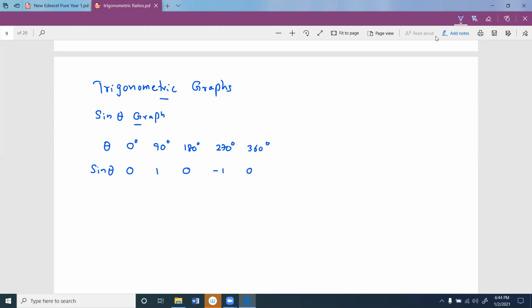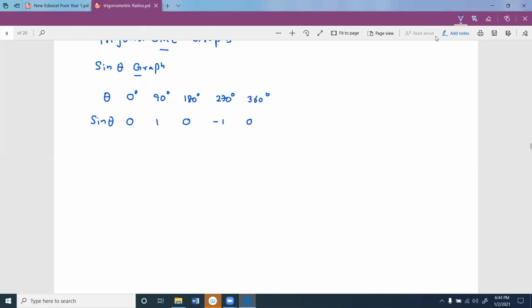Now let's start to draw this graph, right? Okay, this is the way of doing this. 90, 180, 270.